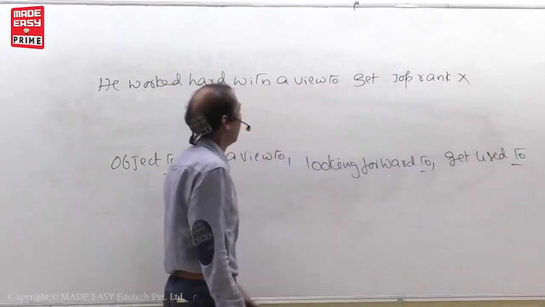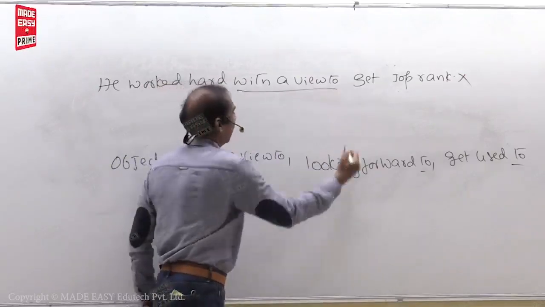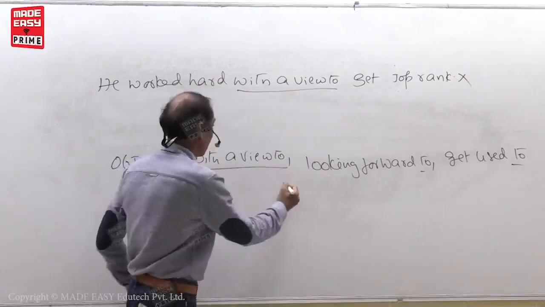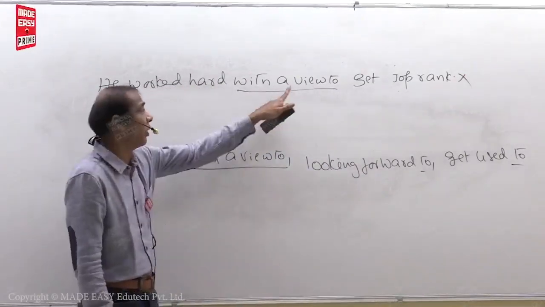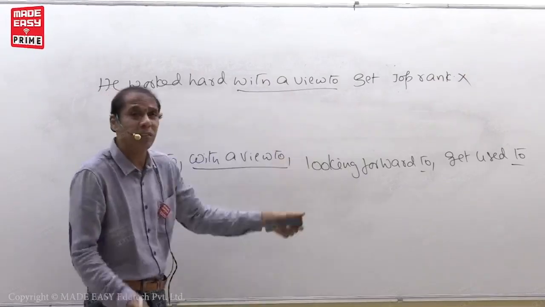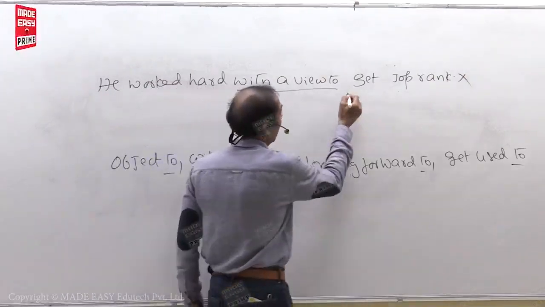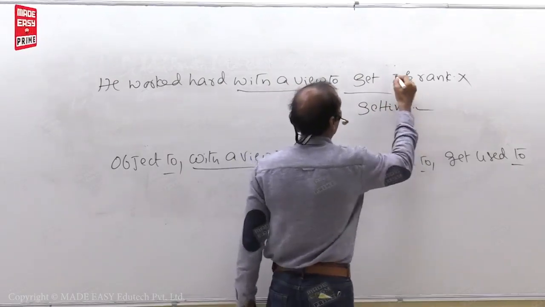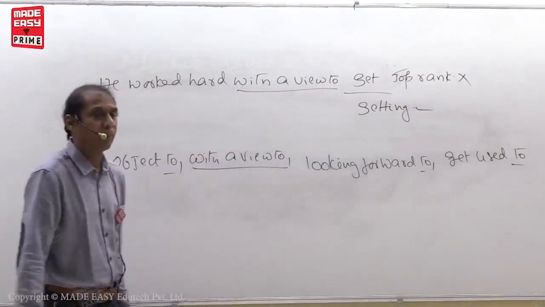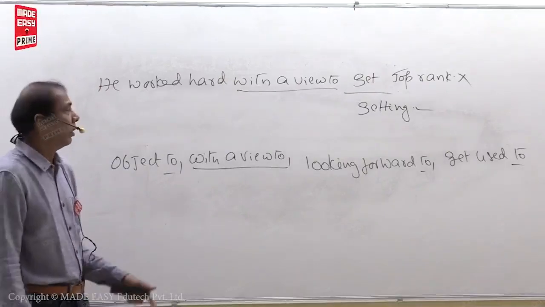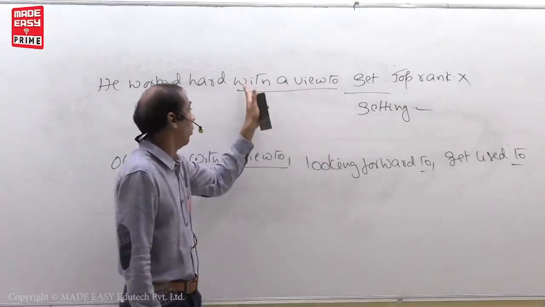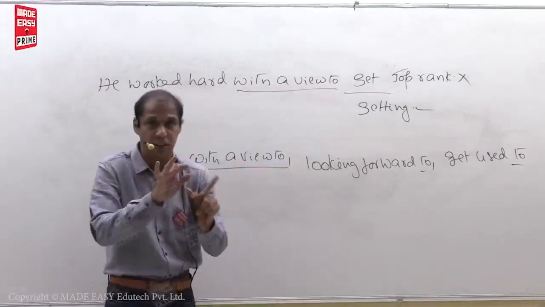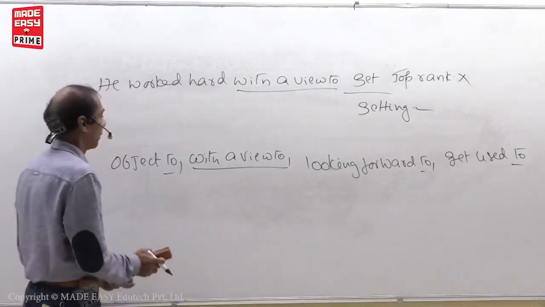This is wrong. See, with a view to is all one word. This word takes V1 plus ing form. So what you have to say? With a view to getting top rank. This is all one word, with a view to, don't separate. Okay.